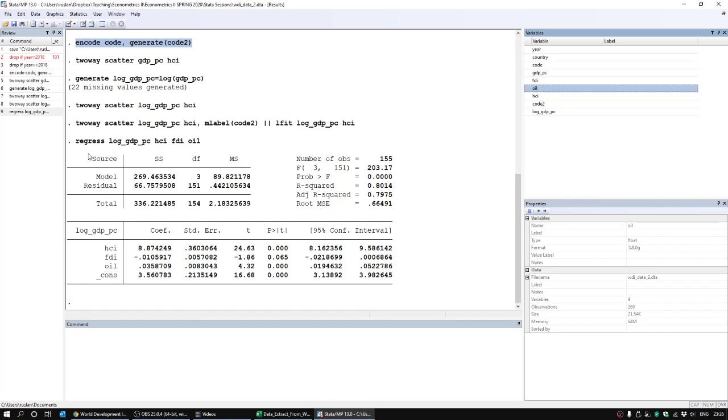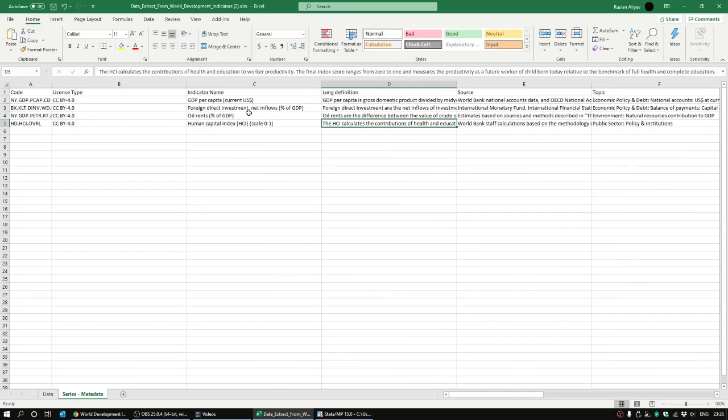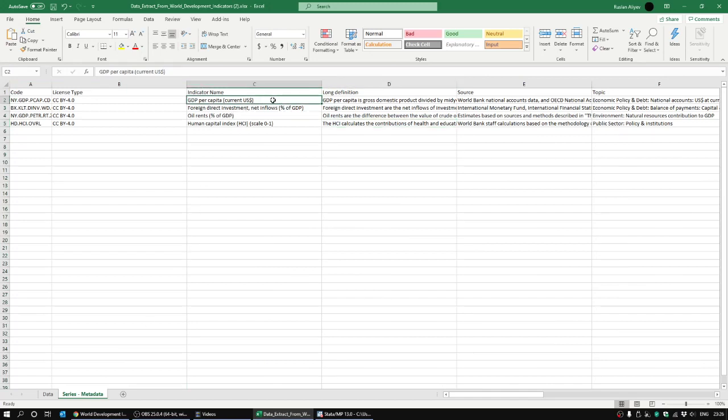So here is the regression outcome. You can see the dependent variable is the logarithm of GDP per capita. How it is measured, you can always go to your Excel file and metadata. You can see it here. It is in current US dollars, right?